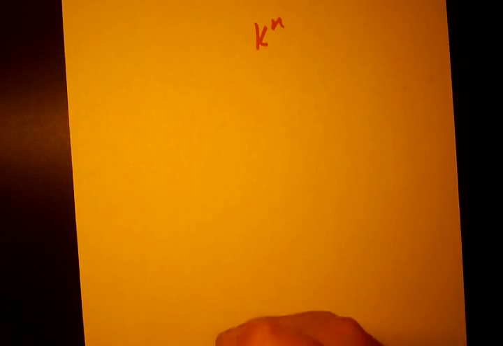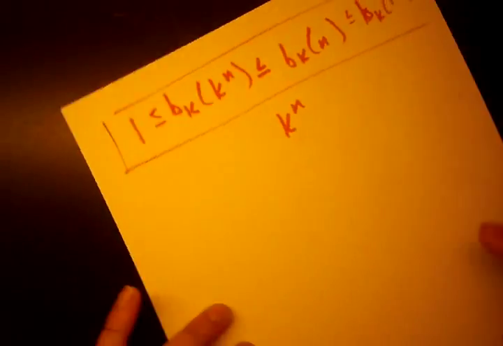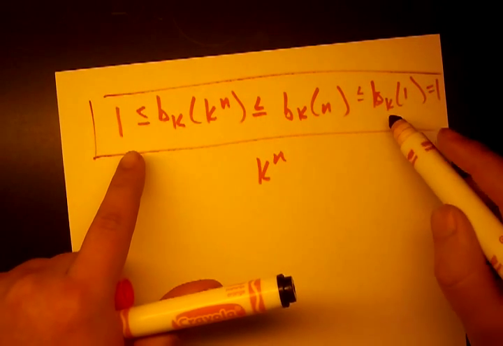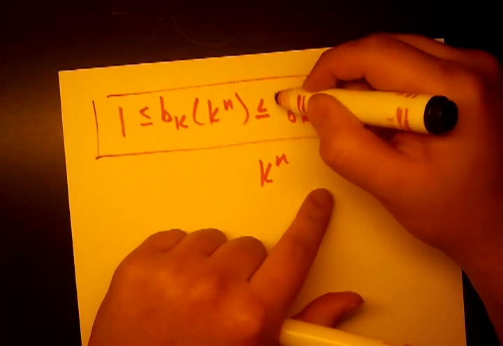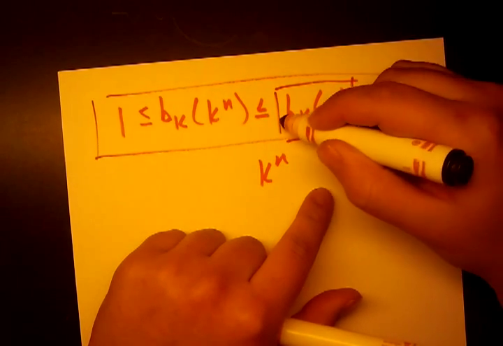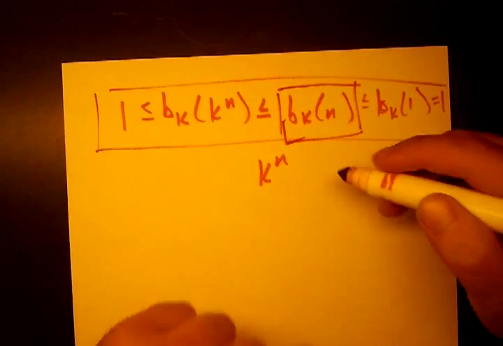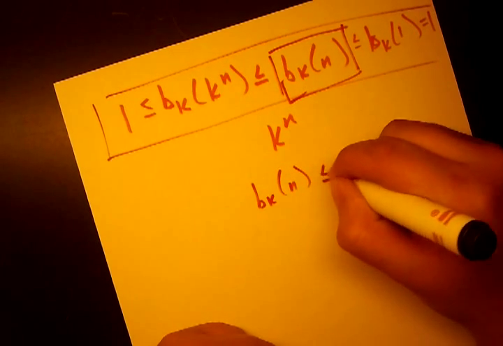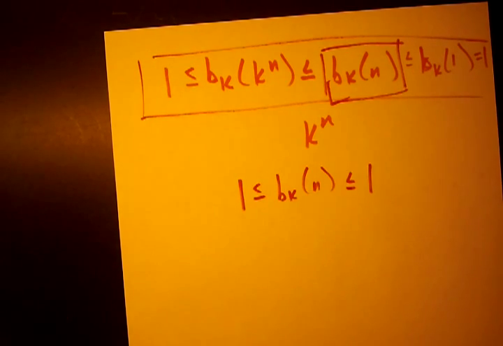We've basically proved it now, but we have to go over what we wrote in this huge inequality. Looking at the extremes of this, we've shown that b sub k of n, which is what we're interested in right now, is less than or equal to 1, and is also greater than or equal to 1.